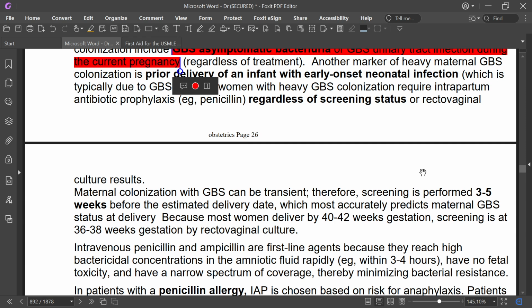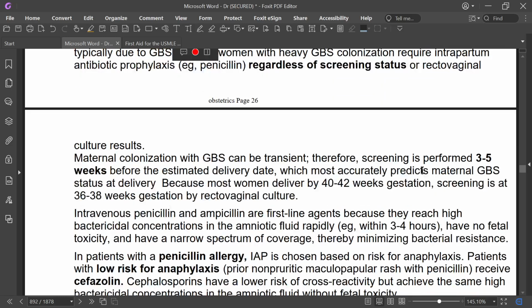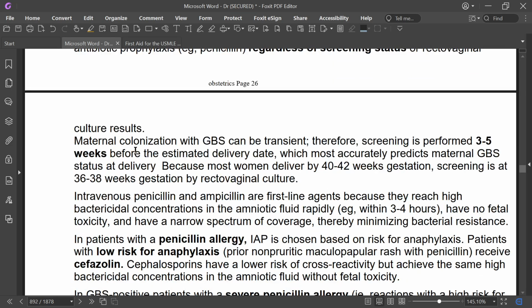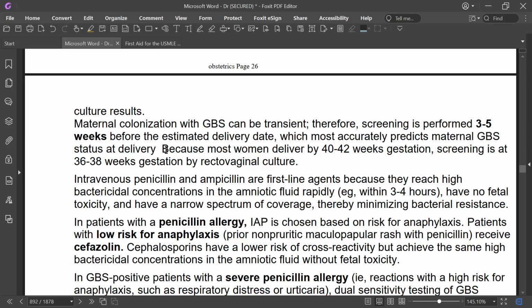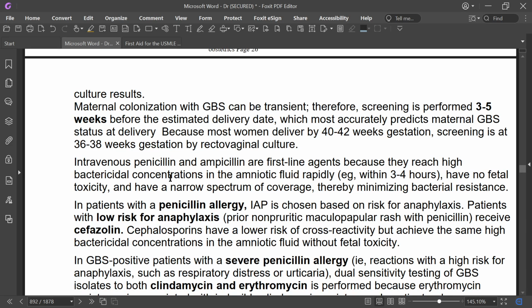Maternal GBS colonization can be transient, and therefore screening is performed 3 to 5 weeks before the estimated delivery date and predicts maternal GBS status at delivery, because most women deliver by 40 to 42 weeks of gestation. Screening is at 36 to 38 weeks of gestation by rectovaginal culture.